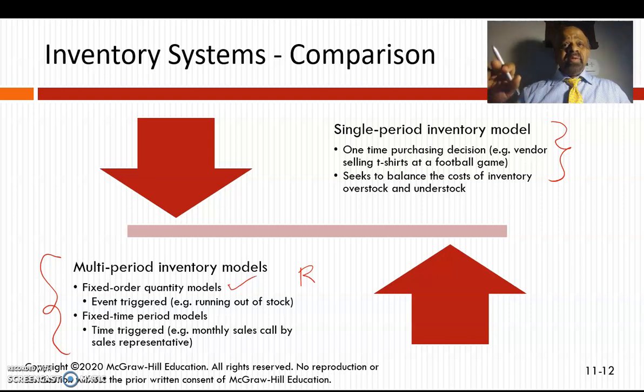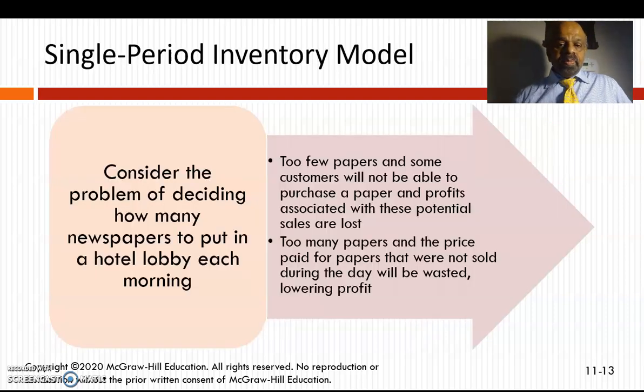The quantity might differ; one week I'll buy 20 of this product, another week I buy 200, but I'm going to buy it right on time, Tuesday evening. So that is a multi-period inventory model. Okay, so we're going to be doing these three models in this class.